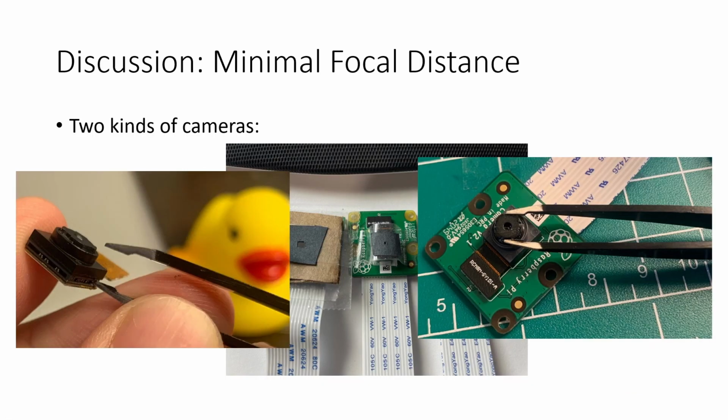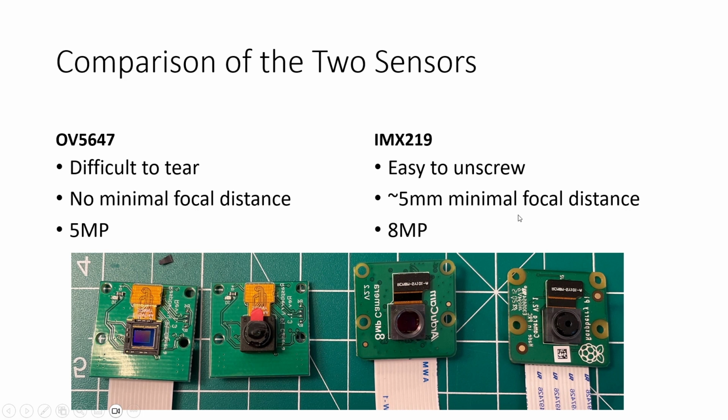Why? Because there are actually 2 kinds of sensors. Cameras 2 and 3 are using the IMX219 sensors. It's easy to unscrew the lenses off, but its minimum focal distance is a bit larger than optimal.